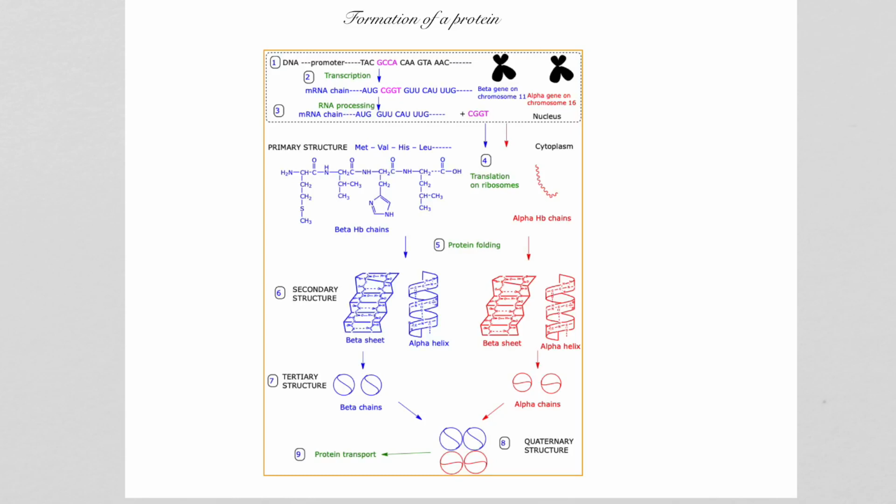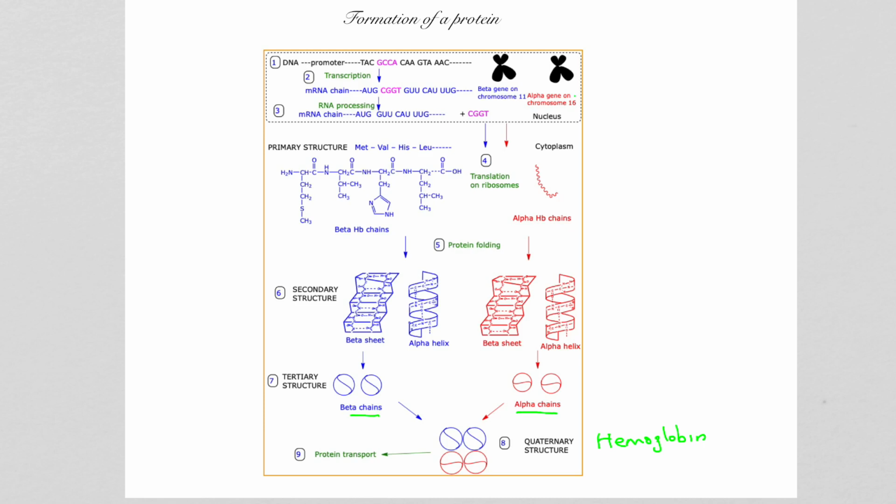So let's quickly look at the formation of a protein in your cell, just the basic steps. And we'll look at the protein called hemoglobin. Hemoglobin has two types of polypeptide chains, the alpha chain and the beta chain.